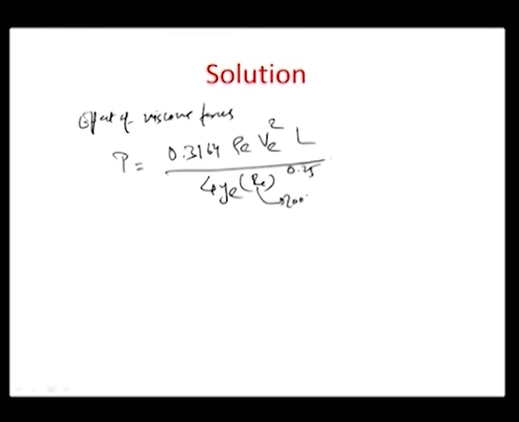RE here is about 7,000, and we have different values for the density of the electrolyte, the velocity of the electrolyte, the length of the electrodes across which it moves, and of course the equilibrium gap is 0.02 centimeters. So, the pressure which comes out in this particular case because of viscous forces is about 238 kilonewton per meter square.